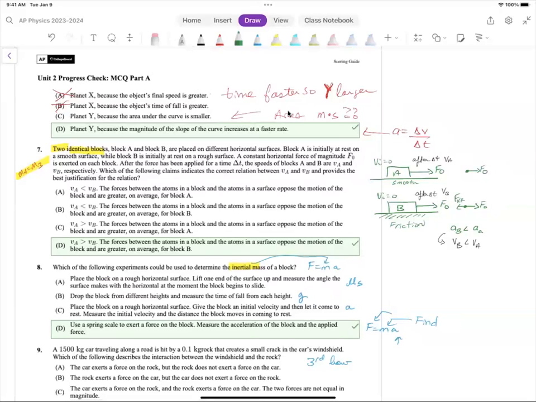Okay. After the force has been applied for the same amount of time, the final velocities are measured and they're found to be vA and vB. Which of the following claims is correct about the relationship between velocity A and velocity B, which is the velocity final, essentially.